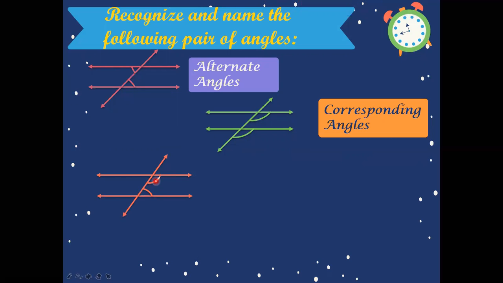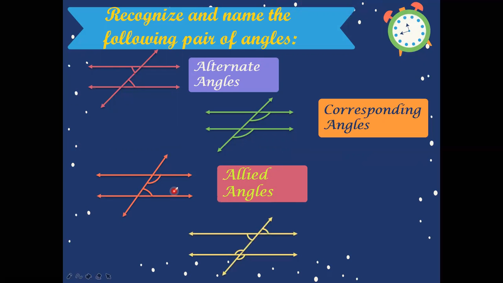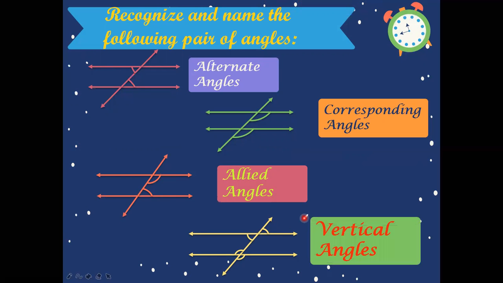So what will you call them? You will call them allied angles. And then the last one is this one, very easy, very simple: vertical angles. So this is the way to recognize the different pairs of angles. This is alternate angles, these are corresponding angles, these are allied angles, and this one is vertical angles.